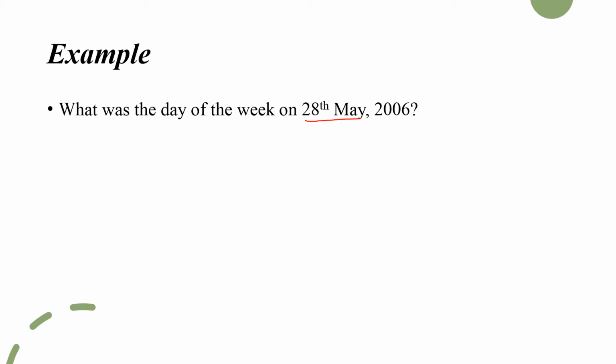The next step is to find the number of odd days between the years 2000 and 2005. For that, we know that from 2000 to 2005 we have 4 ordinary years and 1 leap year.